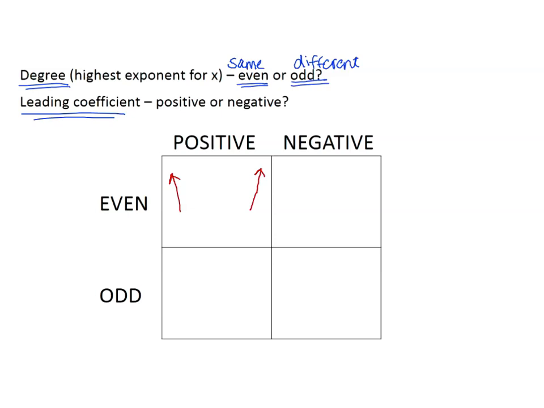Negative leading coefficients of even functions will result in both ends decreasing or headed down. Again, in between, it might look something like this, or it might look something like this. We don't know. We don't really care what it looks like in between. We're just focused on what the end behavior is.